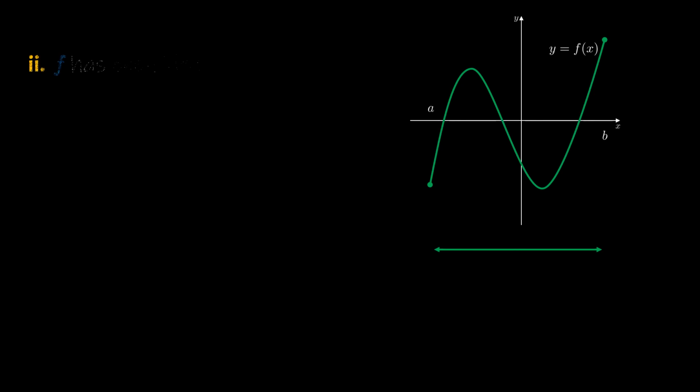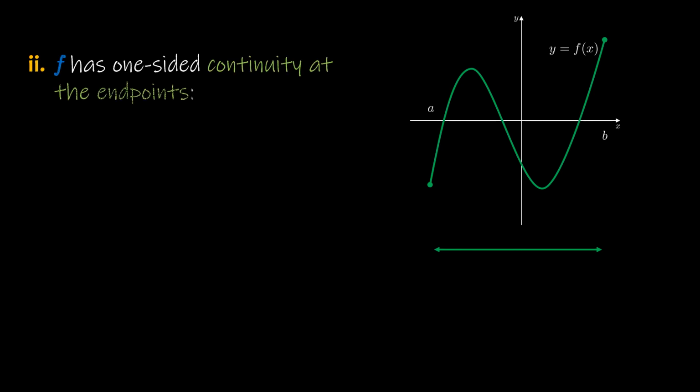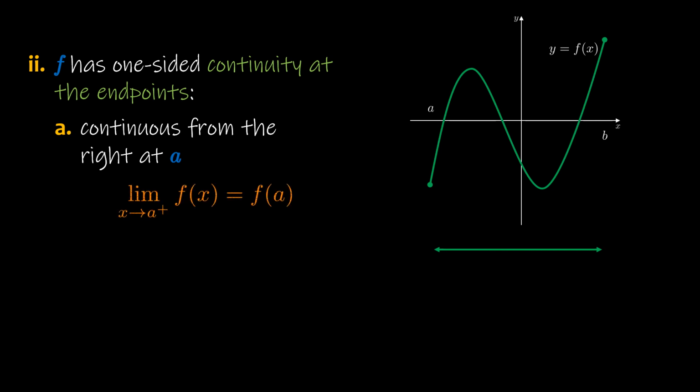Second, F has one-sided continuity at the endpoints. a, continuous from the right at a. The limit of f of x, as x approaches a from the right, equals f of a.